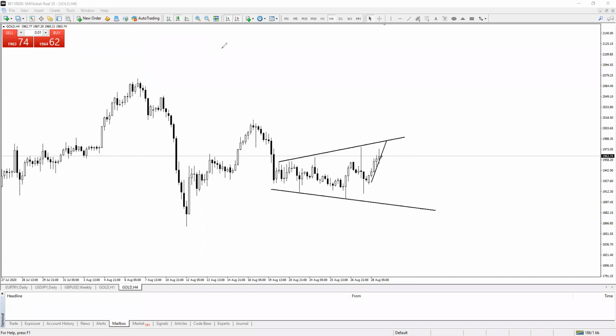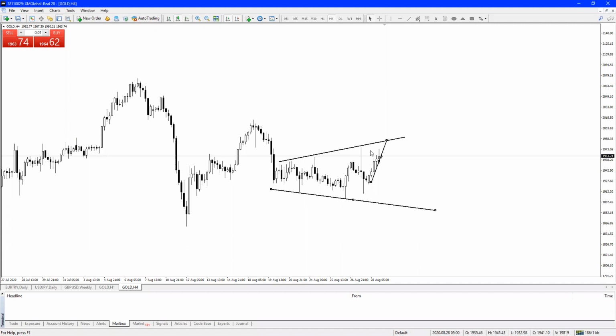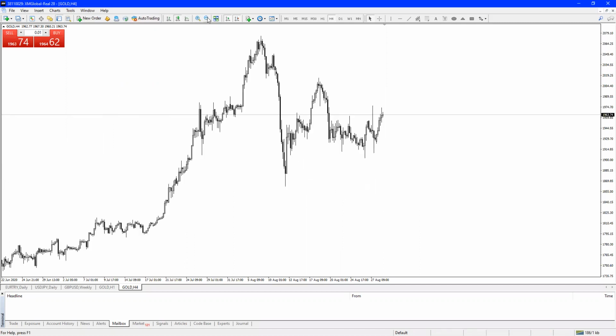If that is the case, then we have to start looking at price in all angles. This is 4 hour. Let me take all these things out, zoom out a little bit, and we see this low to this low. We are seeing something like a bullish move as I did previously.